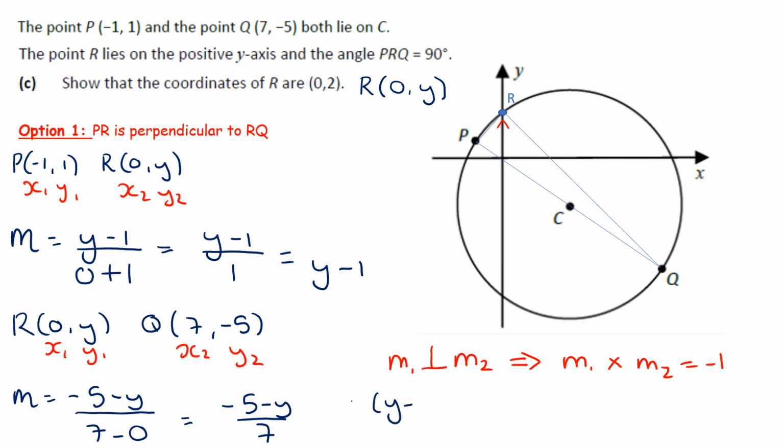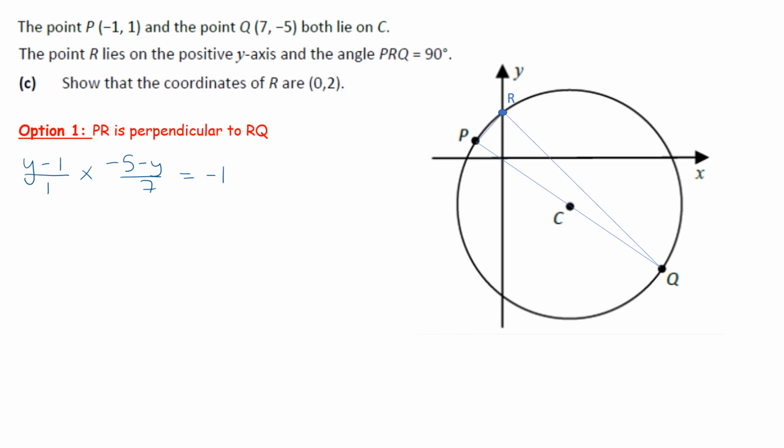So I have y minus 1 multiplied by, now remember that's kind of over 1, so lay it out so that your numerator, the top line, is in line with any numbers on their own, like that y minus 1, and then I have minus 5 minus y all over 7, and that equals negative 1. So I have a little bit more space here to work this out.